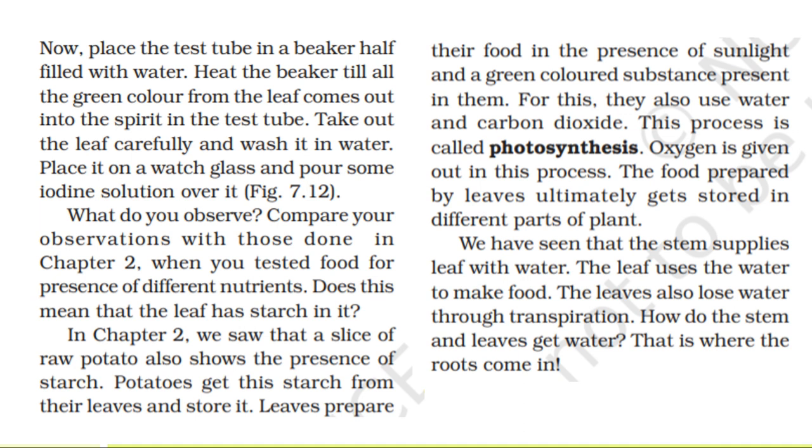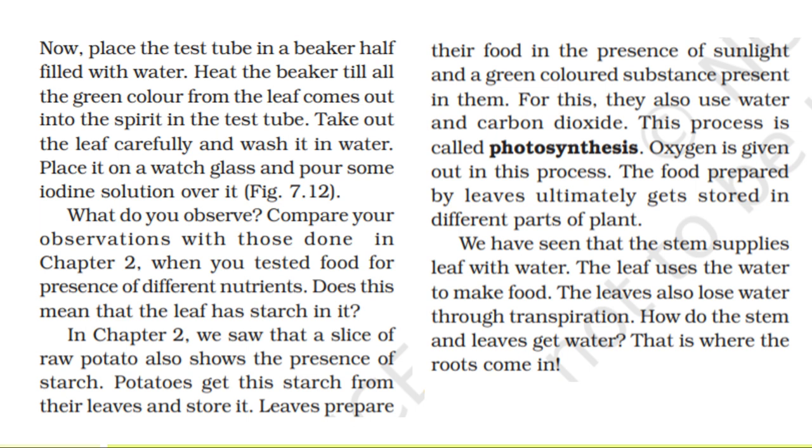Why so? Because the leaf makes food with the help of chlorophyll present in it. That chlorophyll is also responsible for imparting green color to the leaf. The food made by the leaf is stored in its cells.